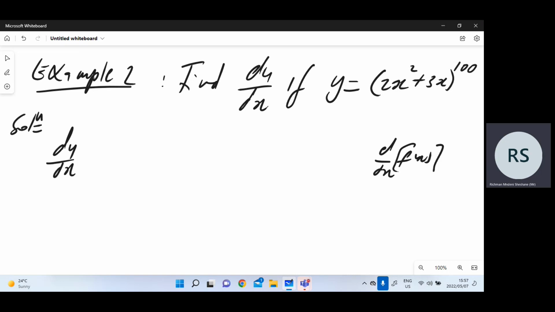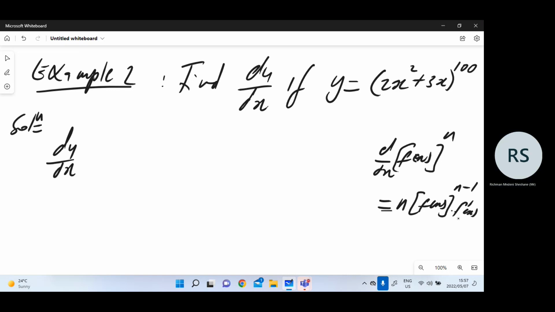When I'm deriving a function that is to the power of n, the derivative should be in the form of n times f of x to the power of n minus 1 times f prime. Okay, you can check from the formula sheet that I gave you.